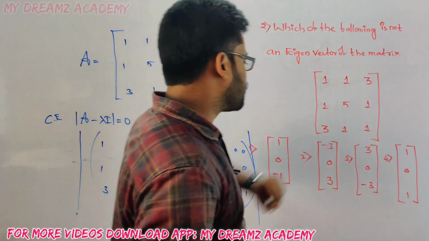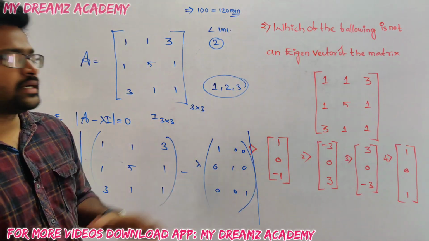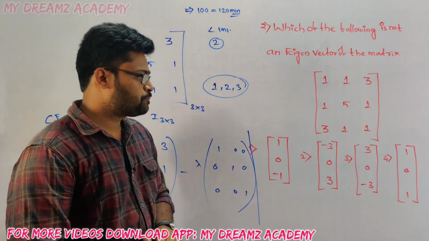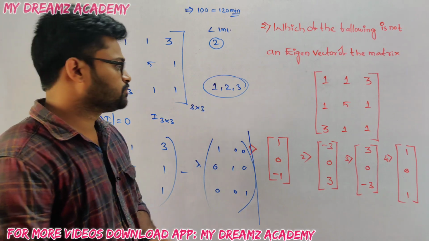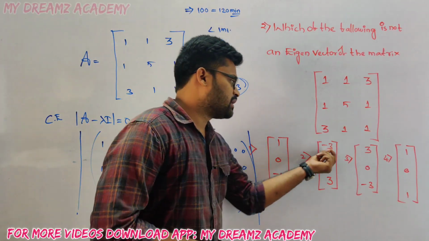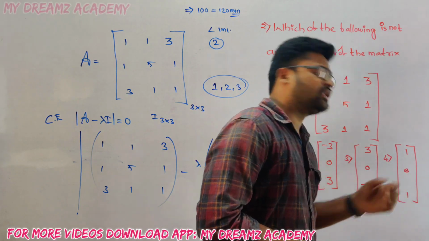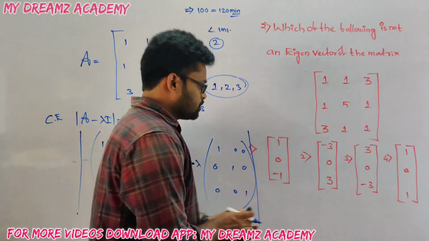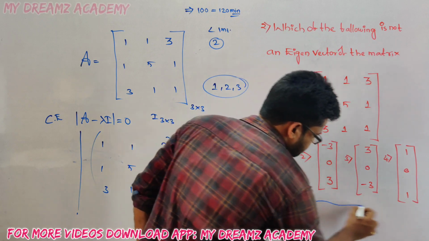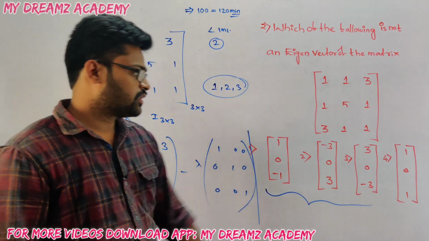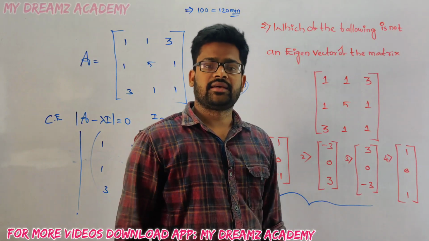By observing the options. If you observe the options, every option is 1 0 minus 1, minus 3 0 3, 3 0 minus 3, 1 0 1. So first 3 options contain minus. The last option does not contain any minus.